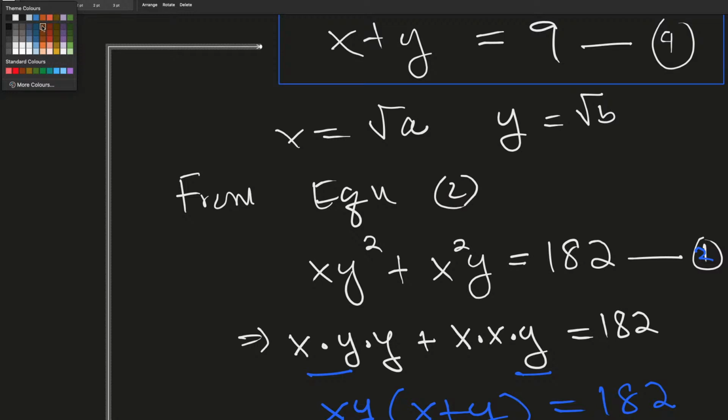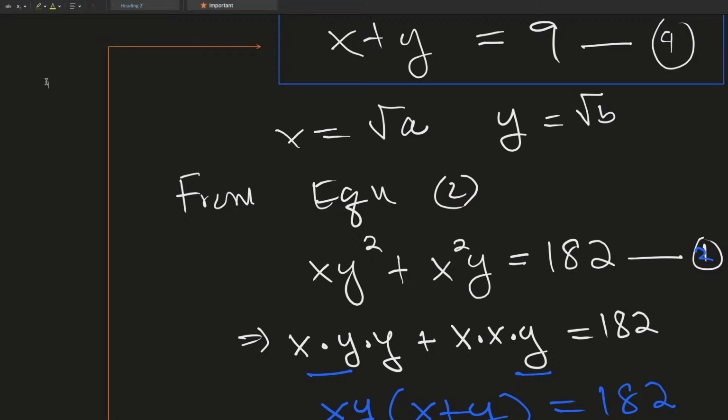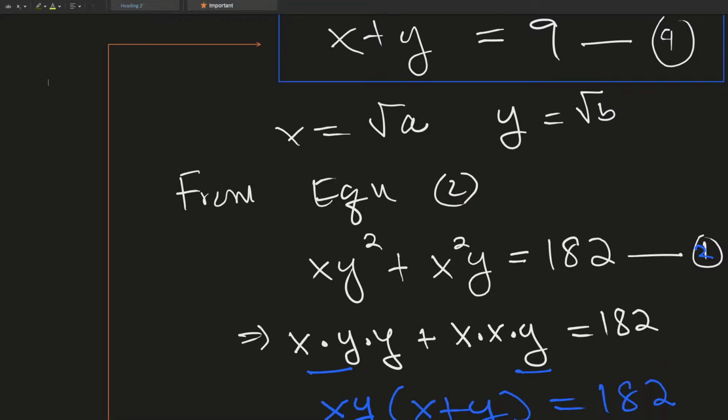I'm going to substitute x plus y is equal to 9 into this equation.